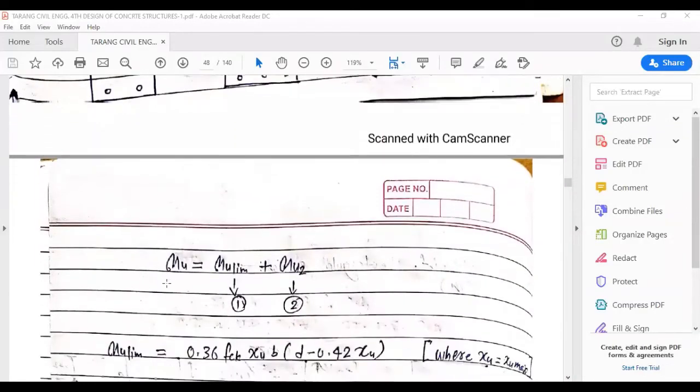So total ultimate moment is given by Mu, which is equal to Mu limiting plus Mu2. This is due to the first beam. This is due to the second beam.